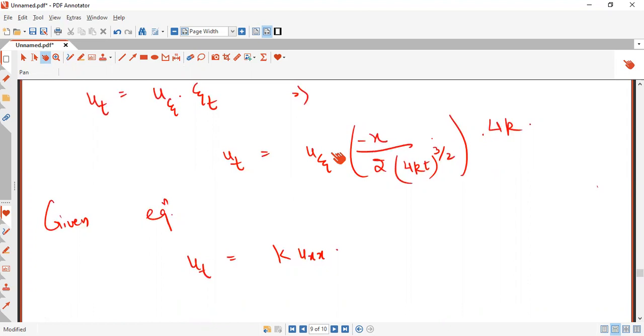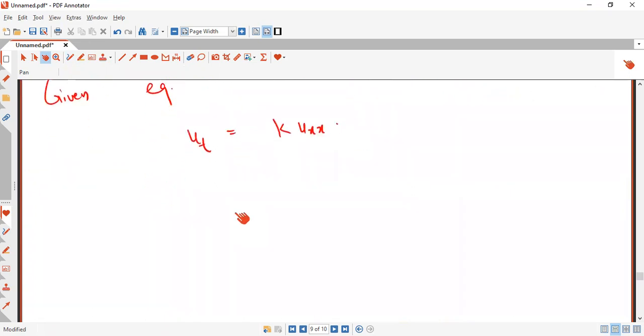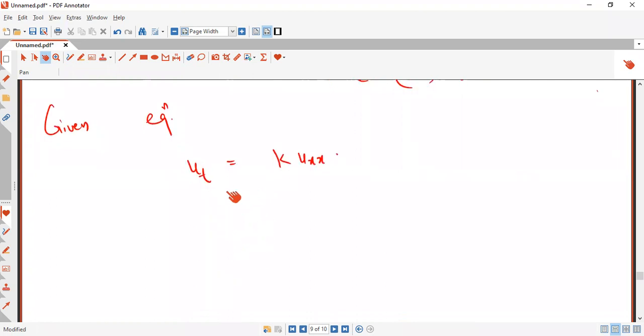Just solve the double differential equation you're getting by integrating it with respect to xi. Then just put the value of xi in the given equation. You will get your value of u in terms of x and t. Correct? Just do it. If you come up with any problems, just ask.